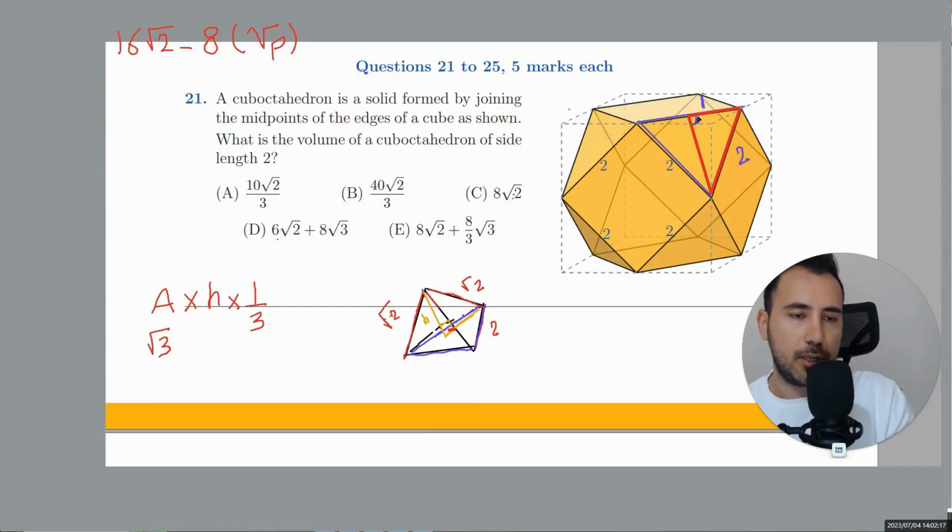This is a right triangle. So this one over here would be a square root of 3. Okay, this one over here. The square root of 3 plus 1 squared is 4. Square root of 4 is this 2. Okay, so as I said, this is 2/3.